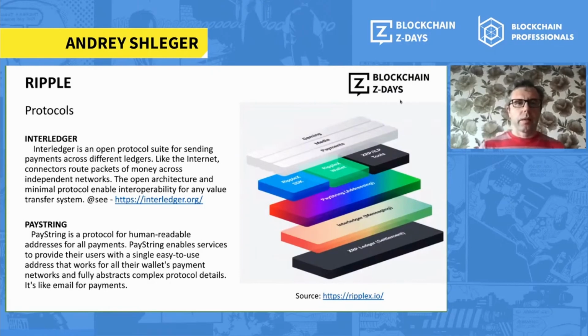And there are additional protocols, such as the Interledger protocol, which I already mentioned. It's used for sending value across different blockchains, like sending Ethereum to Bitcoin with automatic conversion.